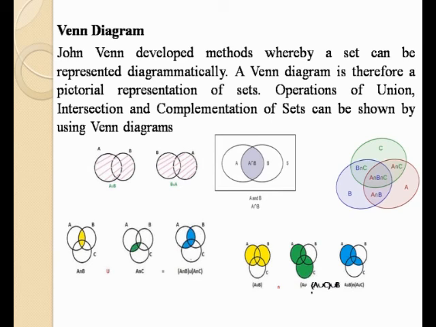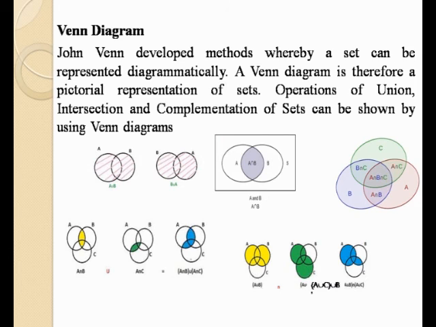Then A intersection B complement. Now we are taking set A and set B. That is, elements that do not belong to both A and B. That is, common elements. We have elements in set A, elements in set B. A intersection B is the portion that is shaded.